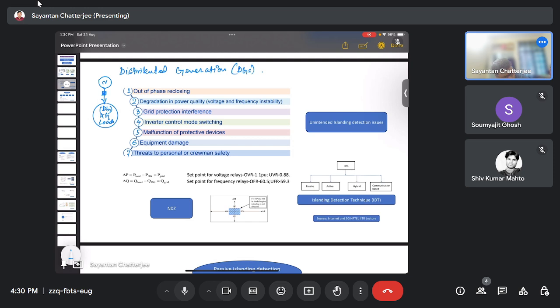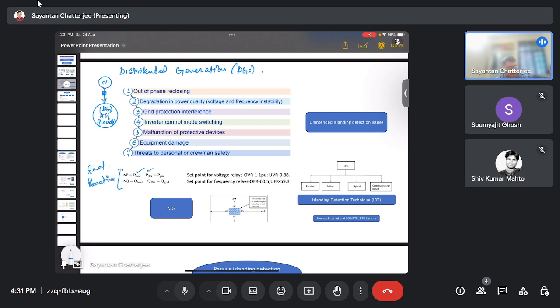Loads are also present on the distribution side itself or inside the microgrid itself. So there might be cases where there is a difference between the load and the DG. This demand has to be met from the grid, because the amount that can't be fed by the DGs has to be met by the grid, for both the real and reactive power.